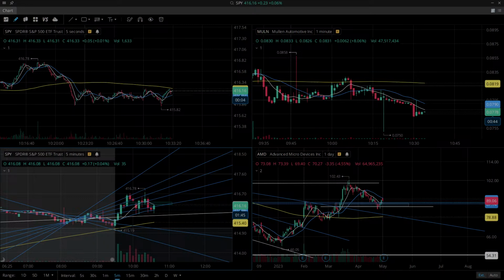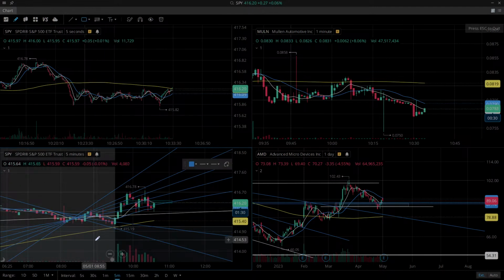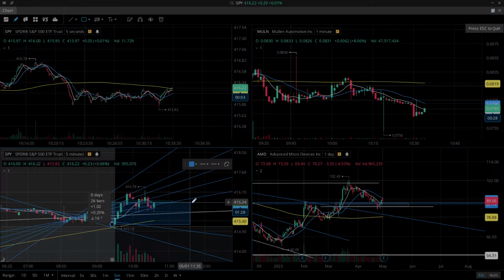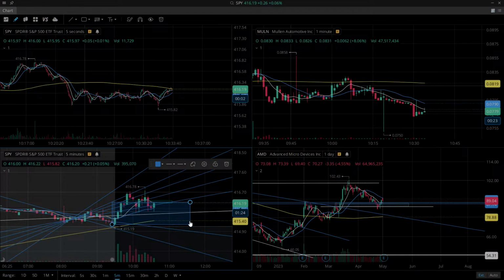That's what, 42.18? Where'd you find this? So just looking at a measured move. If we just draw the box, you've got right here your supply zone, which was previously a demand zone.